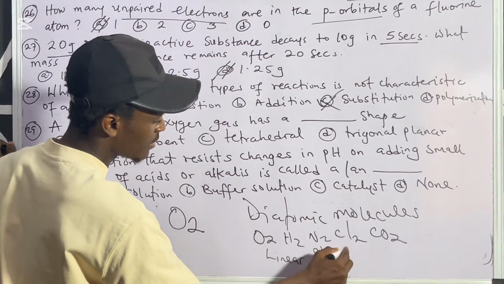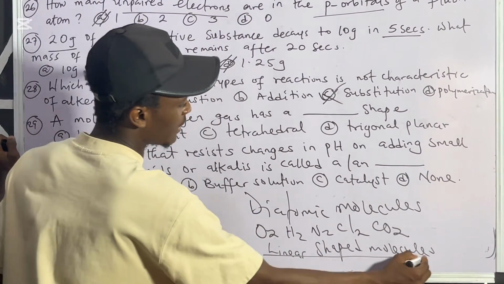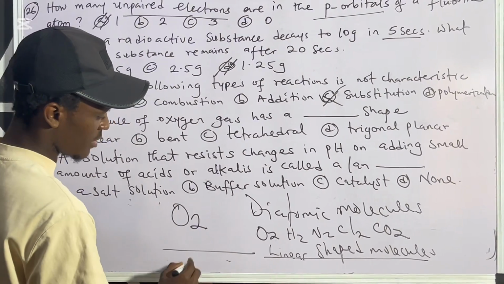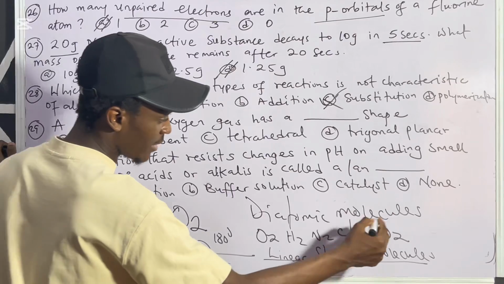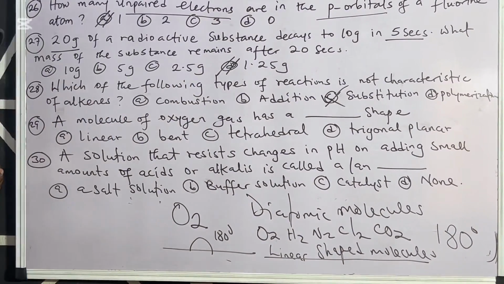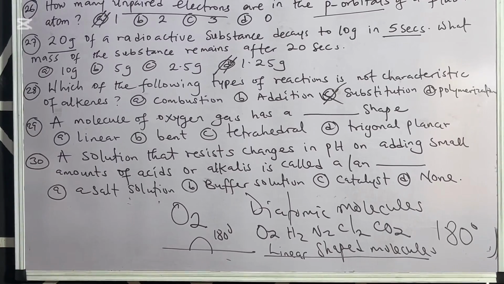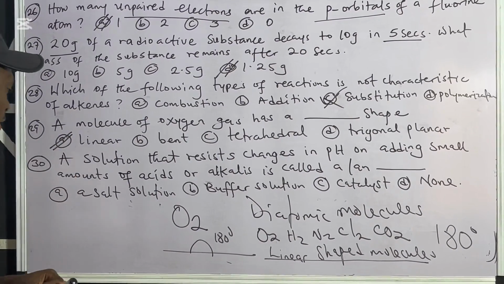And as a matter of fact, all linear shaped molecules, from the word linear, which is straight, an angle on a straight line is measured at 180. So all of them here will have a bond angle of 180 degrees. So hence, the oxygen molecule is linear shaped, which is option A.